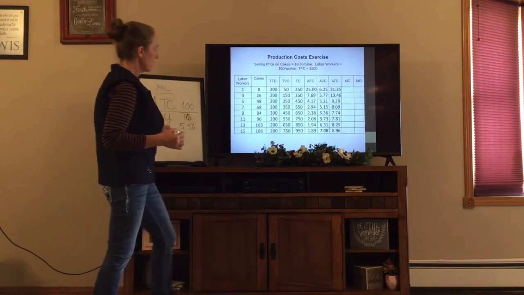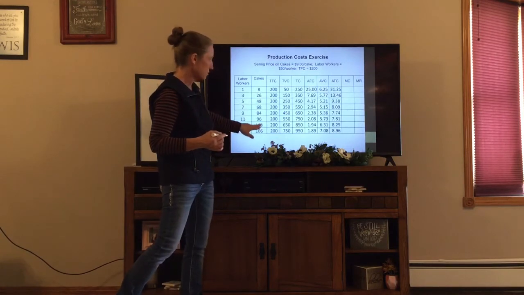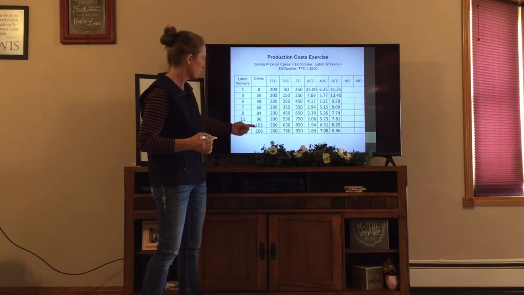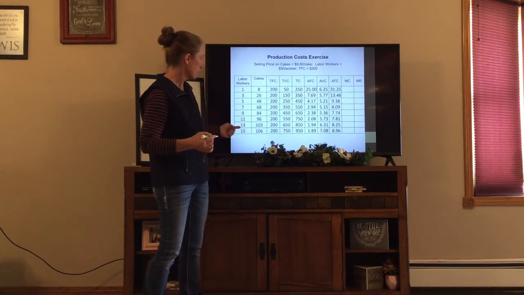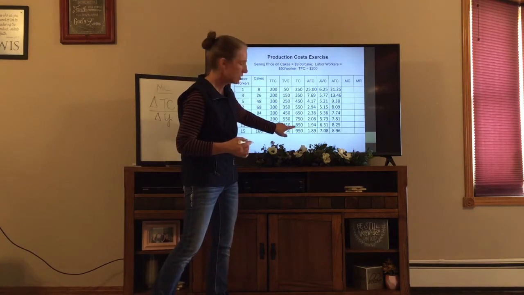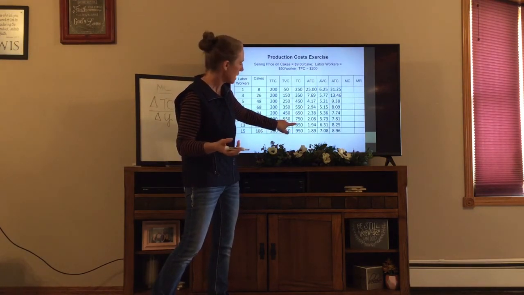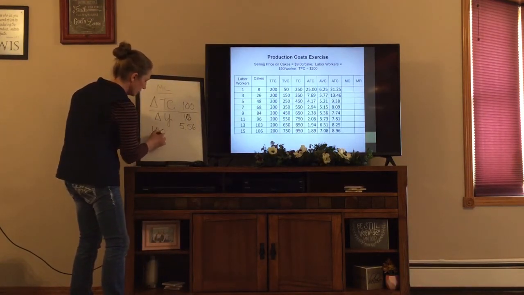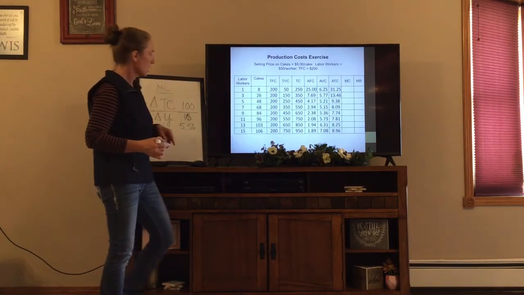Okay. Now, if I come down here, let's do this very last one right here. If I compare the change in total cost to the change in output at the very last time that I go from 13 to 15 workers, my costs have increased again by $100 because they went from $850 to $950. So I have a $100 change in my total cost.